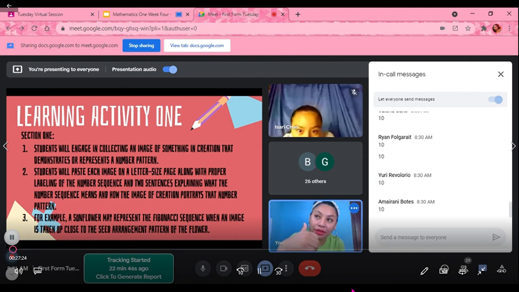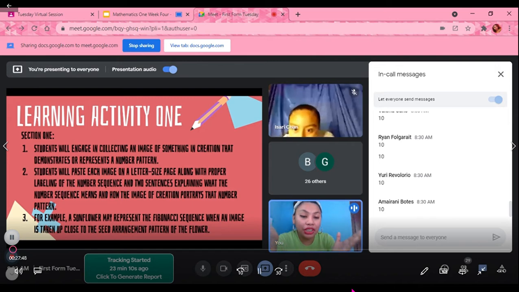For example, the days of the week is a pattern. We can talk about the seasons: spring, summer, autumn, fall. I gave you a list of examples yesterday. So now what you have to do is choose one thing in creation, and it could be anything that you want that represents a pattern.